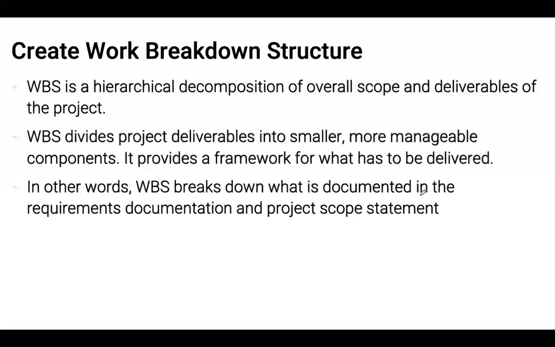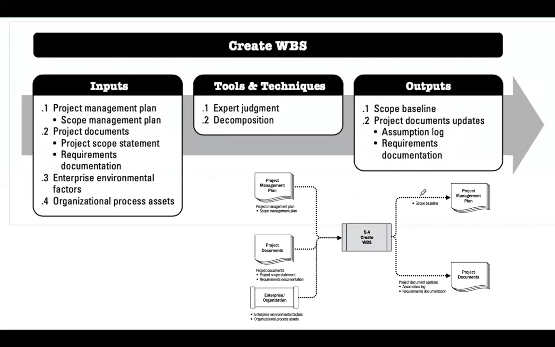You essentially break it apart, and it breaks down what's documented in the requirements and project scope statement into something that's manageable. So whatever the requirements and deliverables are, those are going to be broken down until such time that the minimum viable deliverable is obtained.